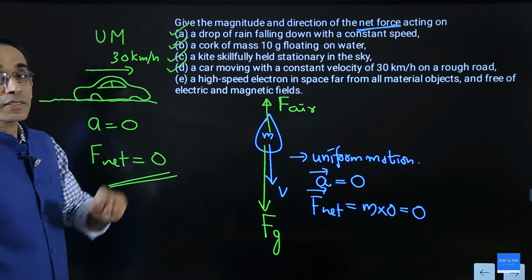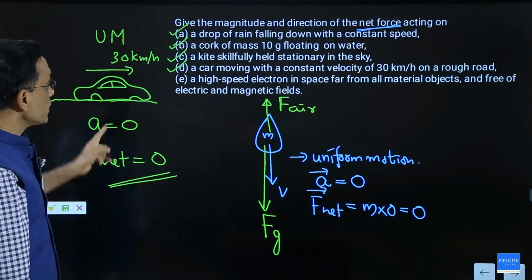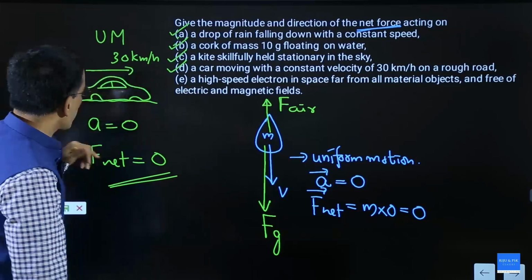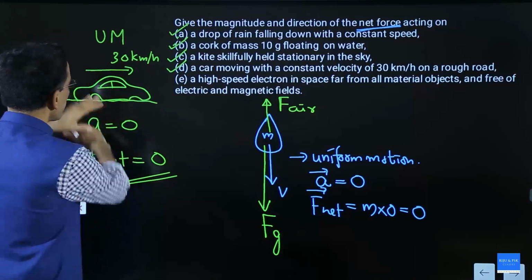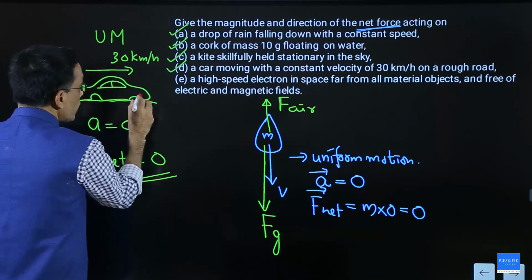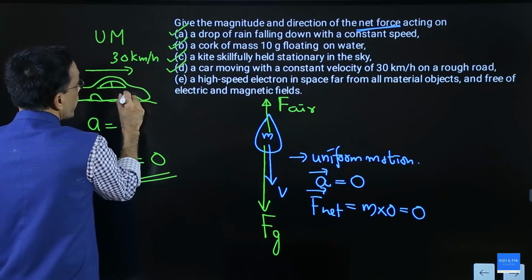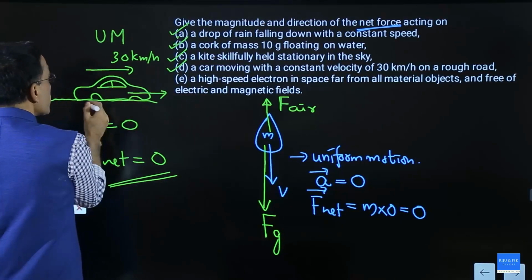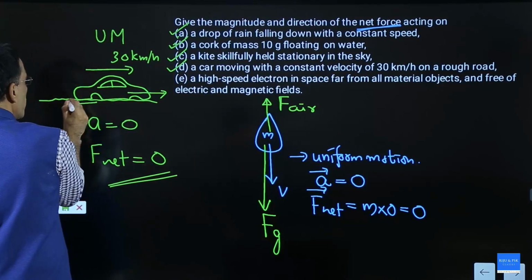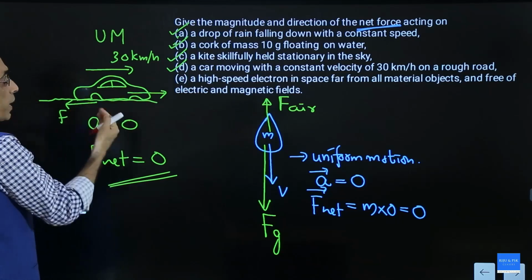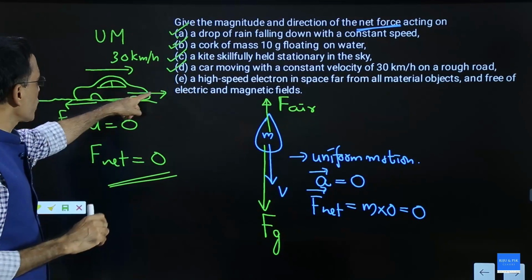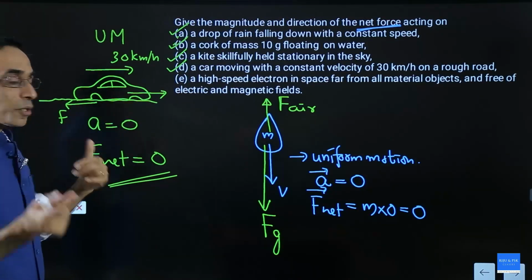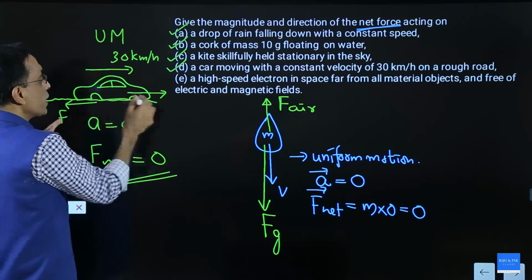Now fifth case is different. Okay, I should tell you what are the forces acting on the car. On the car, the engine is providing a forward force and there is roughness. So frictional force will be acting in the backward direction, and this is actually not correct to say. Later on you will understand that whatever I am telling is wrong.